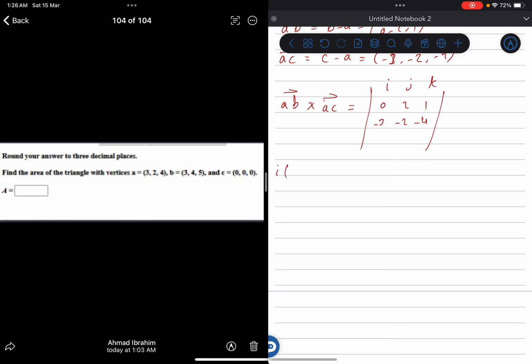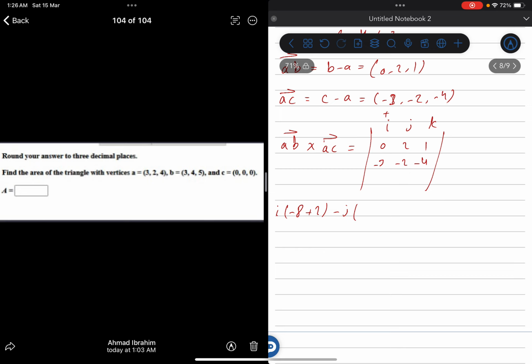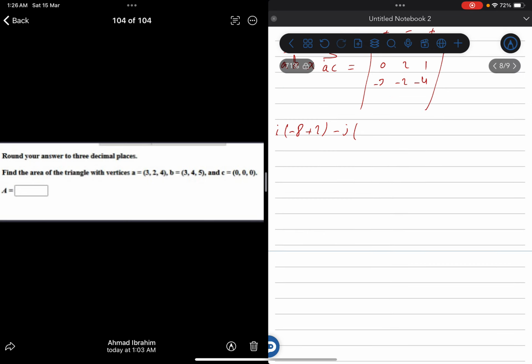It will be I, and sorry, it's negative because of J. Here positive, negative, positive. Okay, J, it will be 0 plus 3 plus K, 0 plus 6. It will be negative I, negative 3J, and positive 6K.